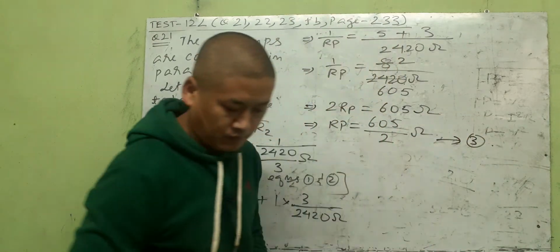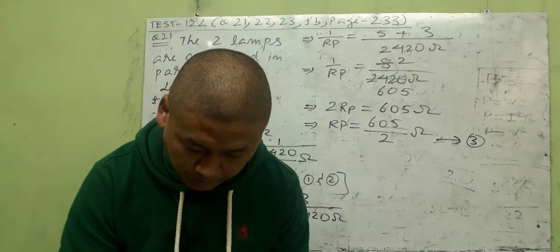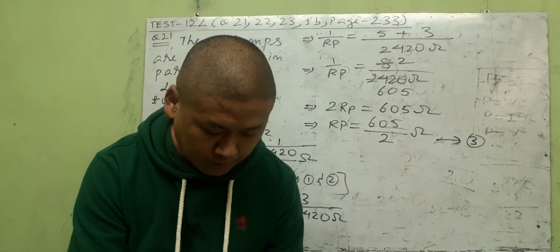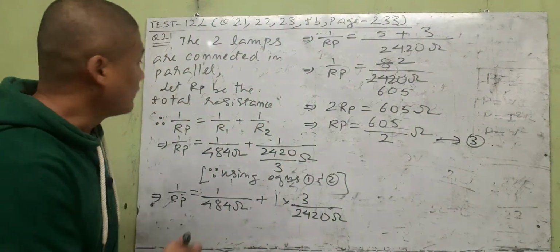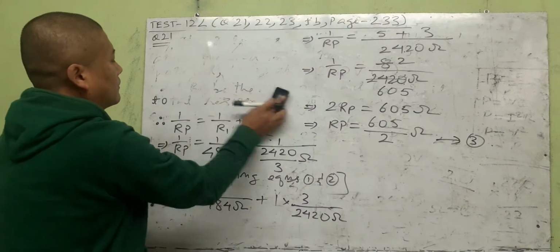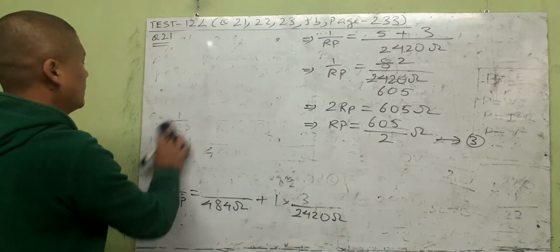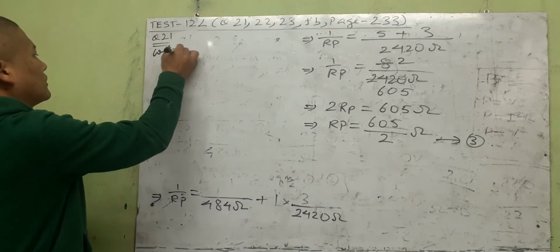And finally look back into the question. What is the question asking? What current is drawn? So let's just write in the same fashion, like the question.